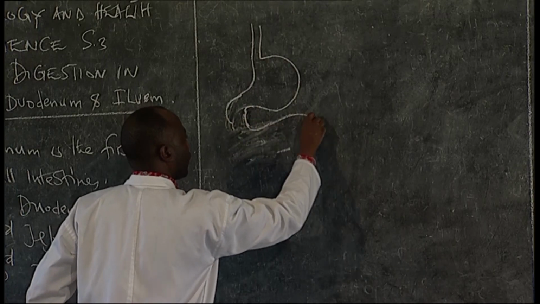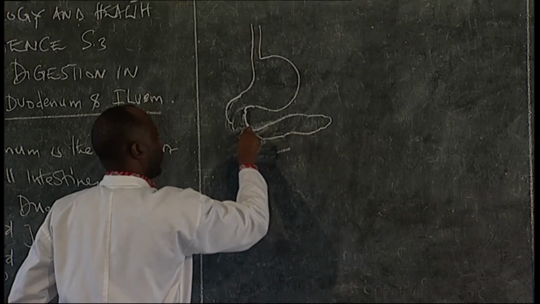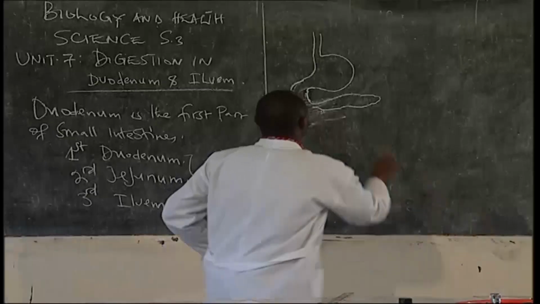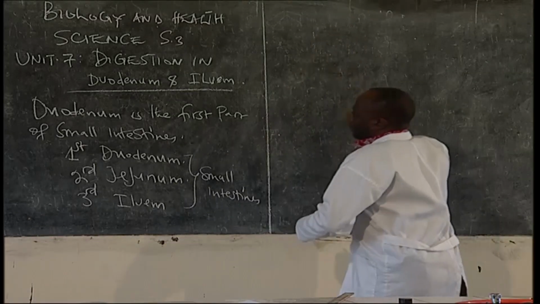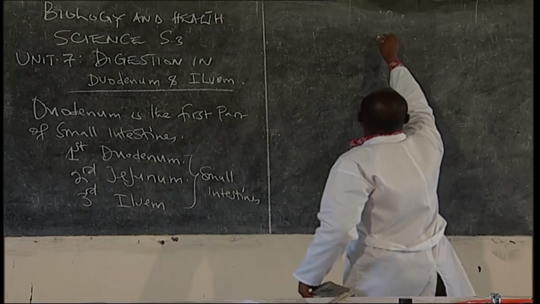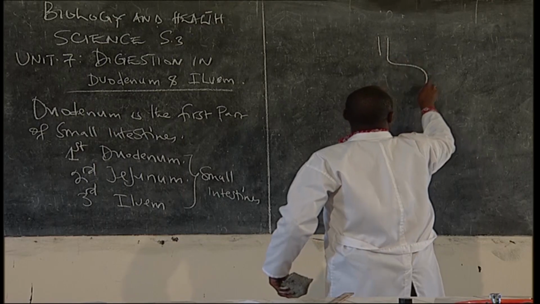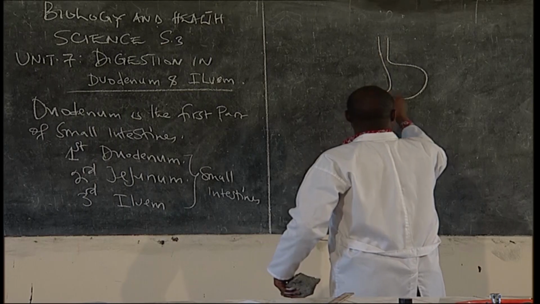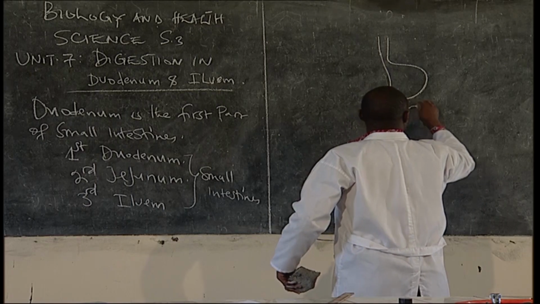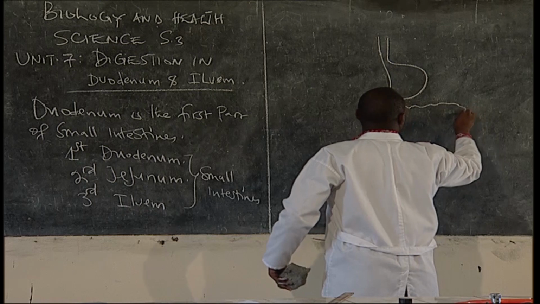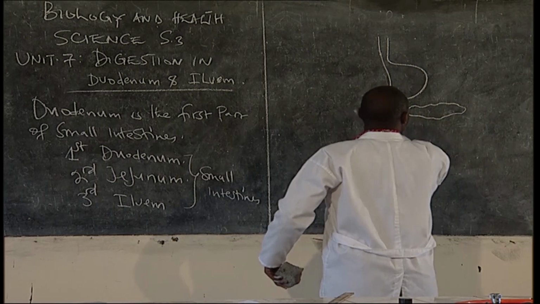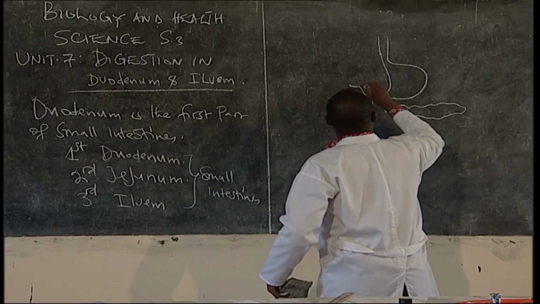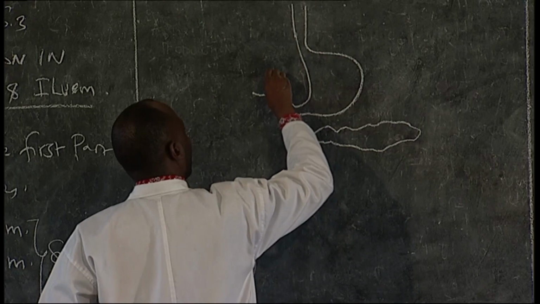This is the part with the accessory organs. Let me try to draw it very clearly. This is the stomach, and from there we have the first part, which is the duodenum, and we have the liver, and this is the pancreas. From the pancreas, we have another part.